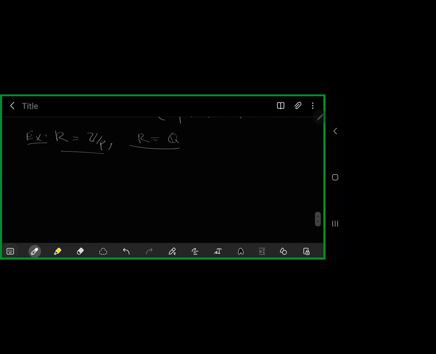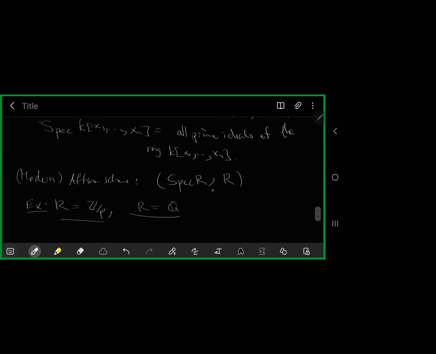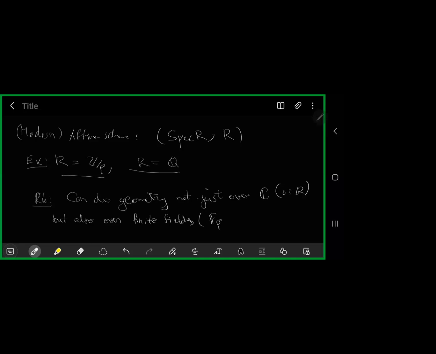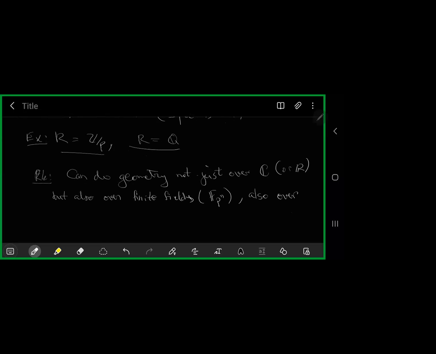Okay. So what I want to mention is, because I can say things on characteristic 0, remark: we can do geometry not just over C or R, for example, but also over finite fields, for example, all the F_p^n, and not just that, but also over rings of any characteristic.